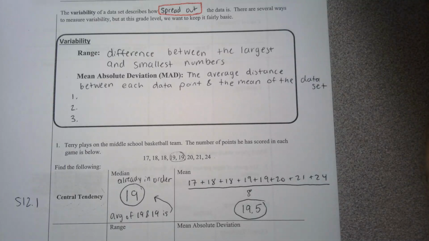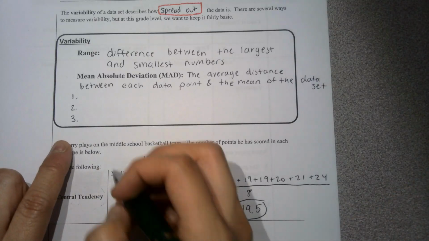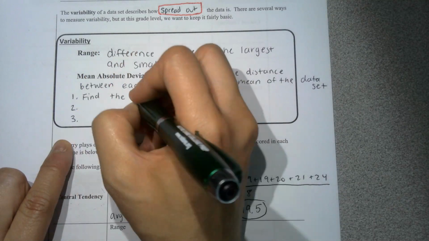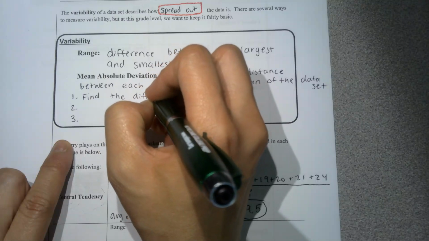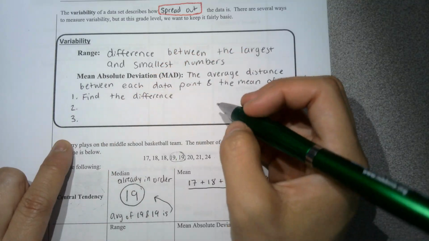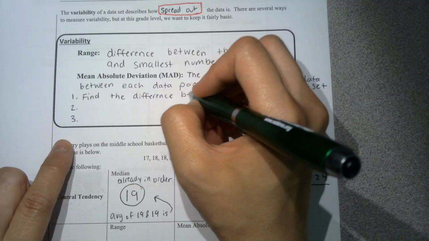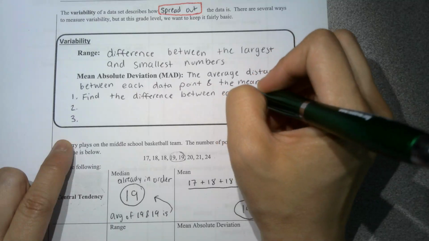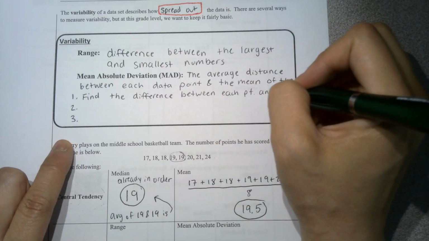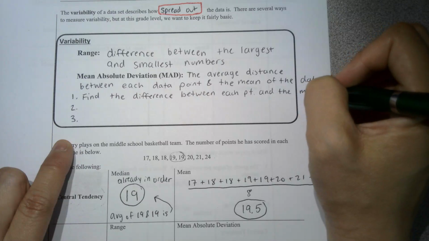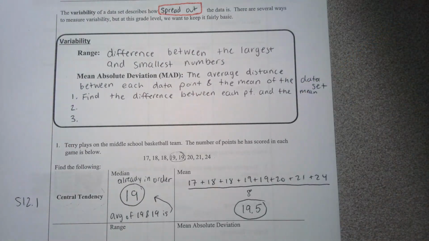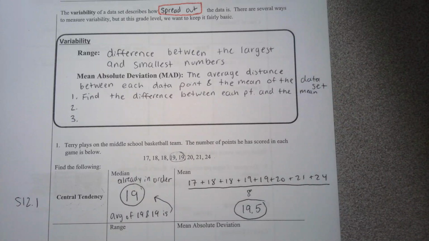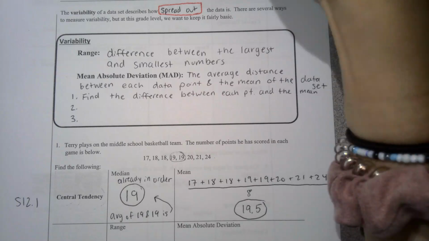Okay, so the first step is that we want to find the difference between each point and the mean. So this is going to be a little tedious.